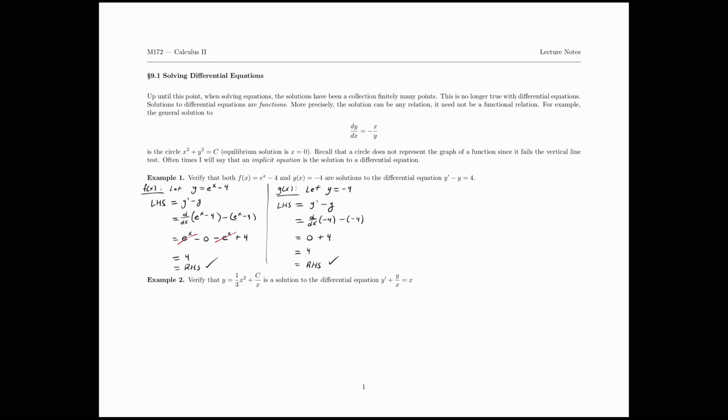So again, we get agreement between the left and right-hand sides of this differential equation. So this also verifies that y equals negative 4 is a solution to this differential equation. So both f of x and g of x are solutions.